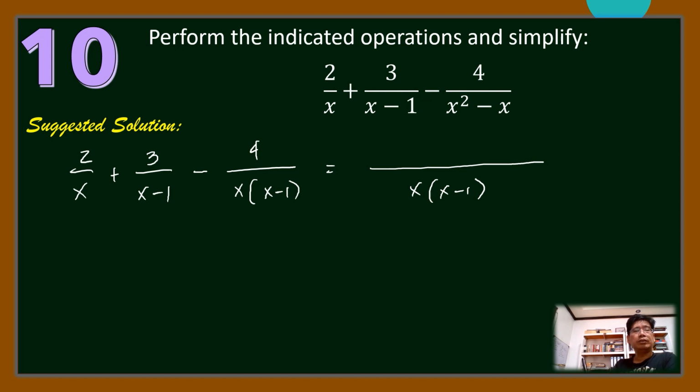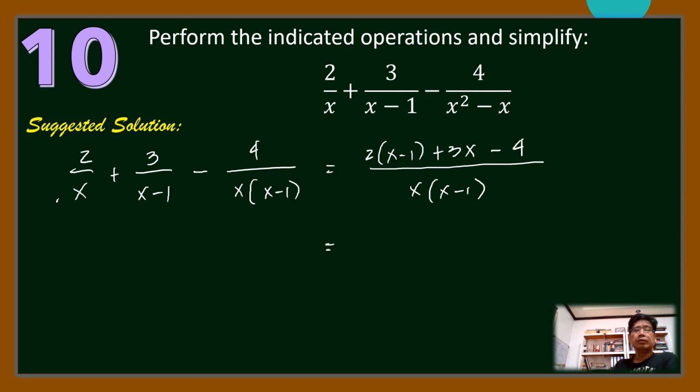Then rewriting the fractions, we have x times x minus 1 divided by x is x minus 1. So we have 2 times x minus 1. The LCD divided by x minus 1 is x. Then we have 3x minus 4.